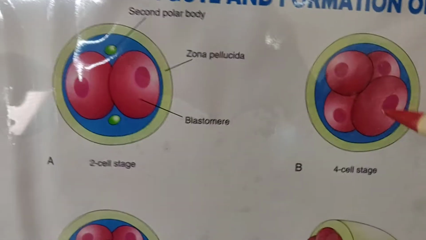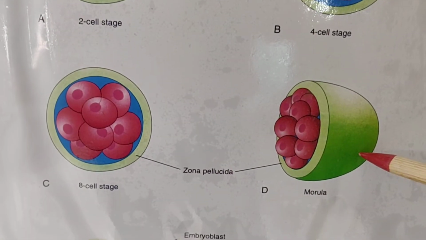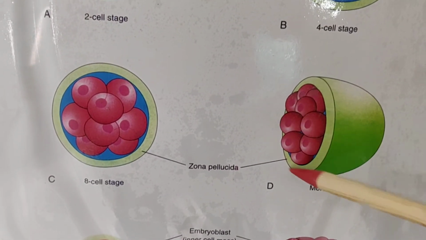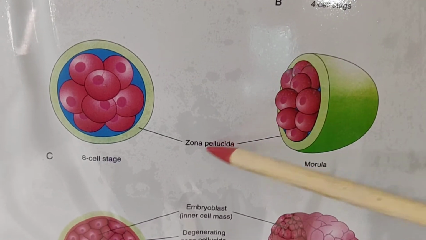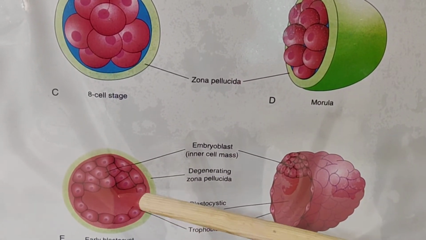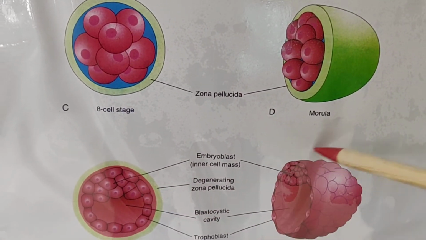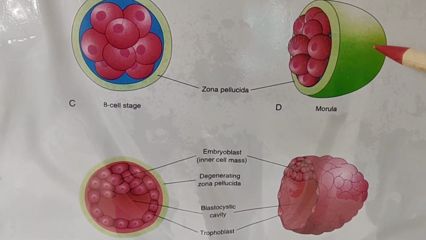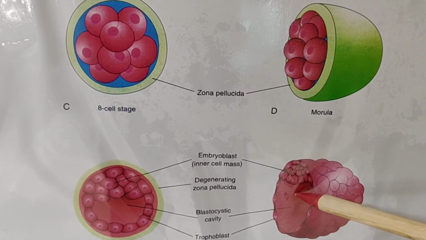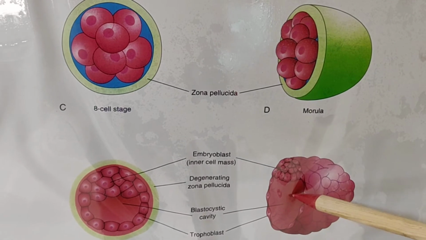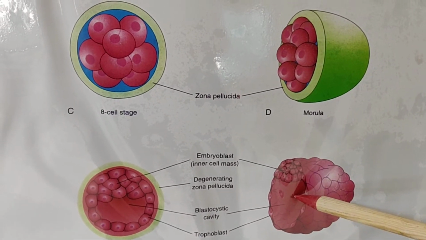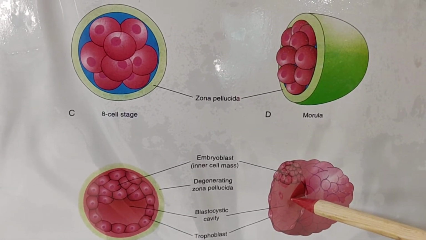So after the cleavage, there is a formation of the morula; the zygote, the fertilized ovum, changes into the morula, changes into the blastocyst, and the zona pellucida disappears, and this cavity is known as the cavity of the blastocyst or blastocoel.